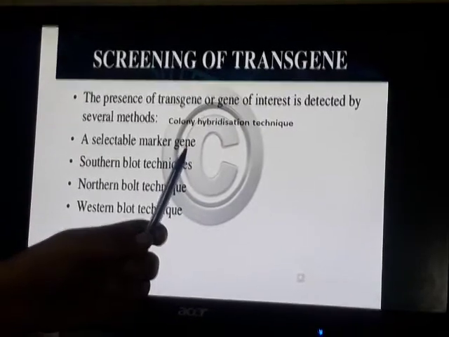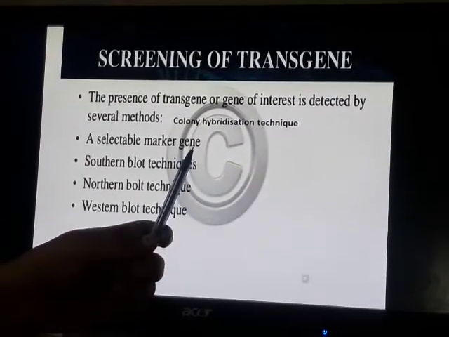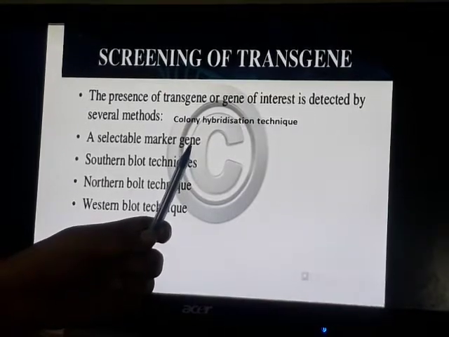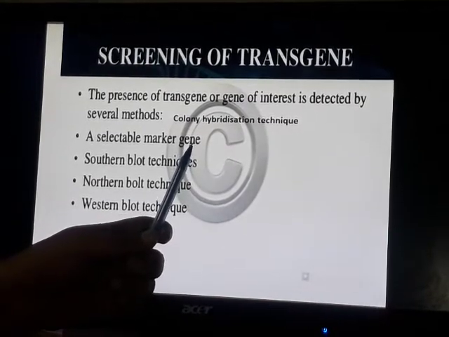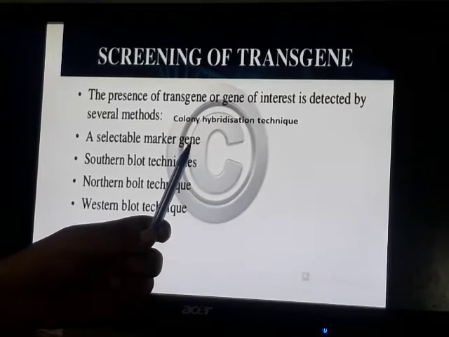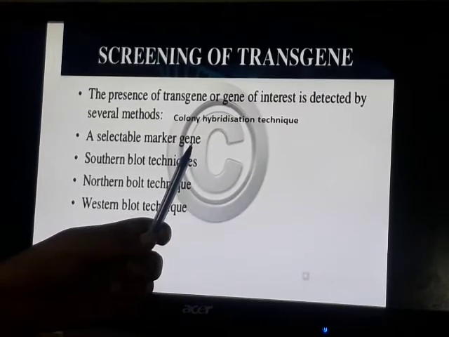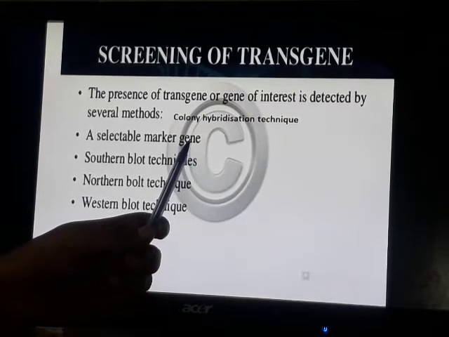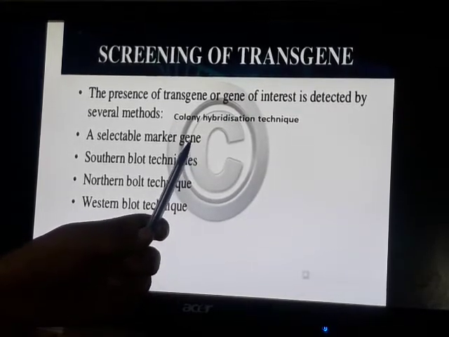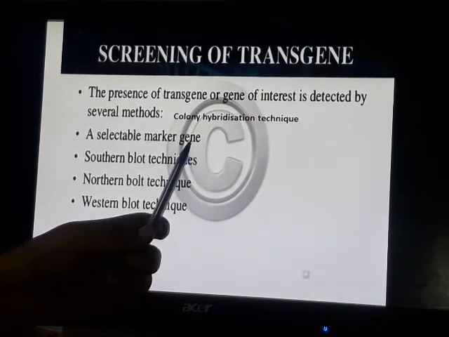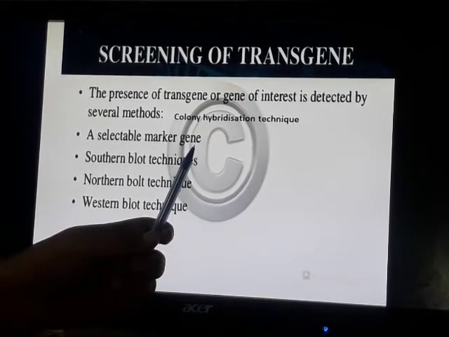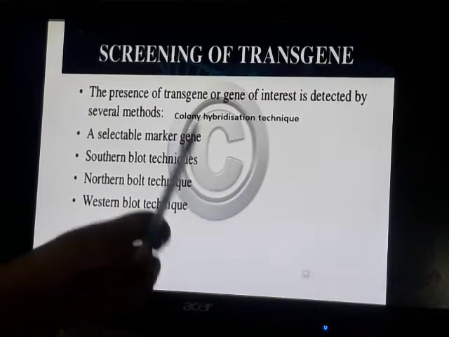For example, if you take pBR322, you have an ampicillin resistance site there. If your gene of interest is introduced into that particular site, obviously that gene will get inactivated, and when you grow the cells in media containing ampicillin, they become very sensitive because that gene got inactivated.